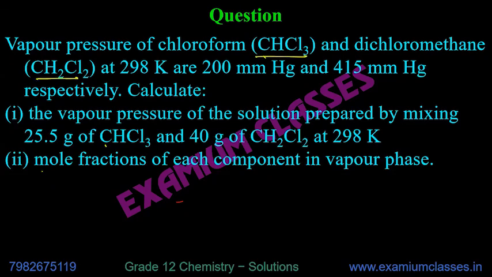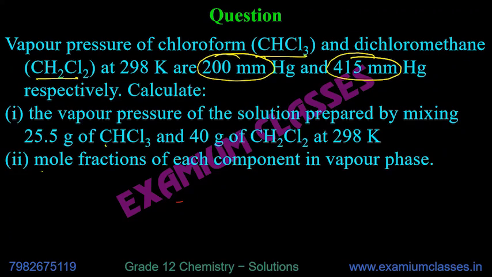Vapor pressure of chloroform 200, vapor pressure of dichloromethane 415 millimeters. So it means these are volatile liquids and their vapor pressures are given separately.